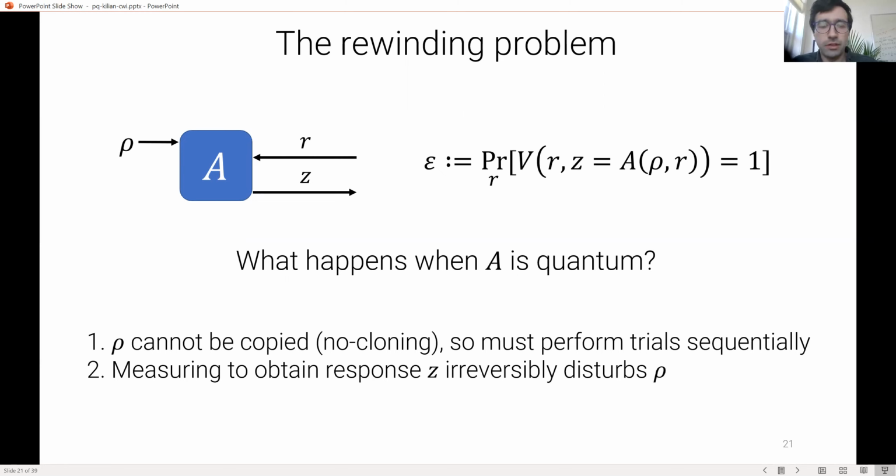And moreover, the state is going to be disturbed by the action of producing this classical Z, right? The adversary is going to make a measurement to, at the very least, produce this response Z, and this is going to cause the state to be disturbed. Okay, so these are the two problems.